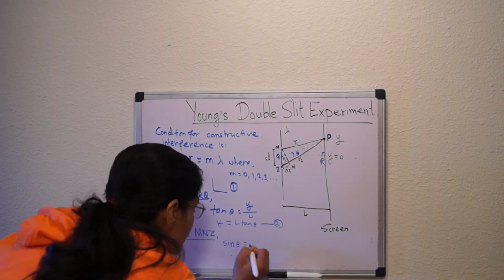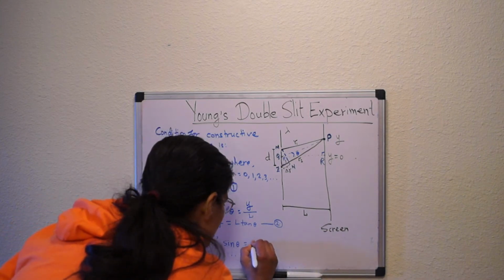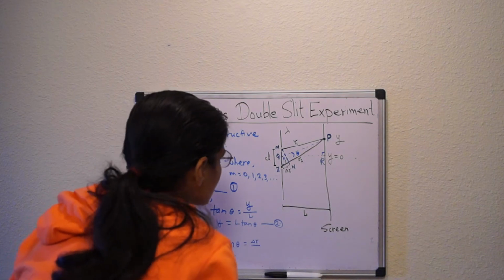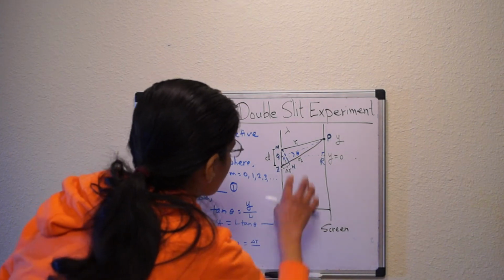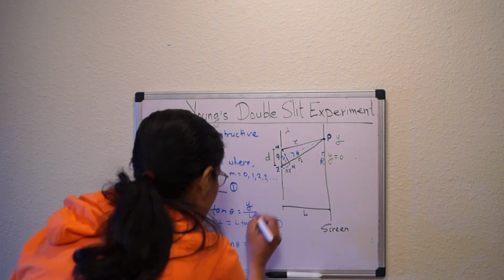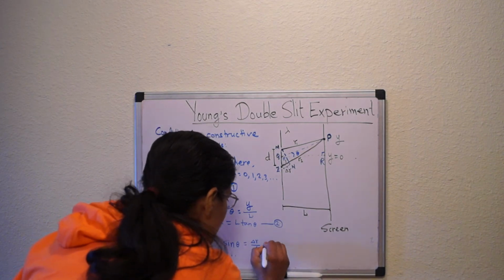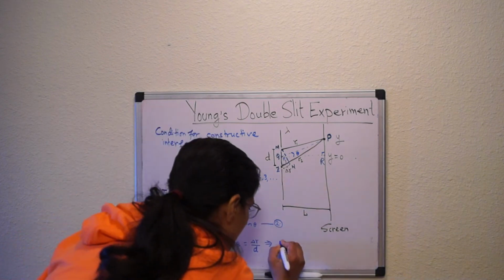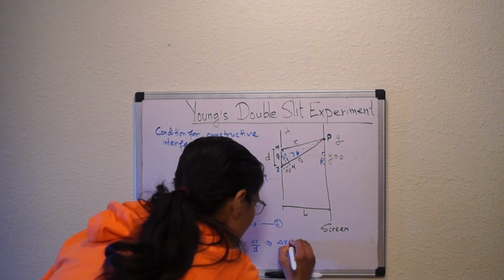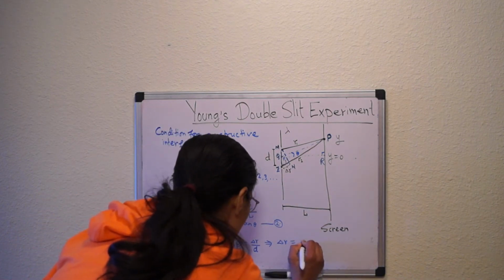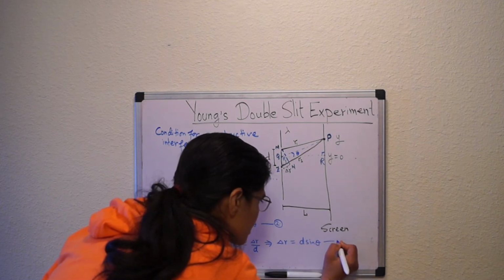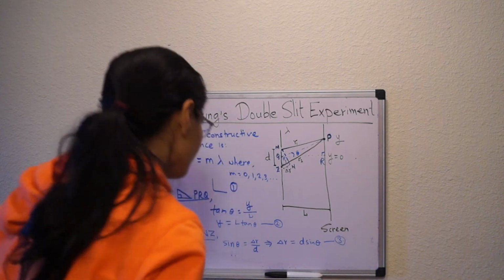Sine theta equal to delta R by the hypotenuse, that's D. I'm going to rewrite this because I want to equate it with the equation with delta R at some point. Delta R equal to D sine theta. Let's call this equation 3.